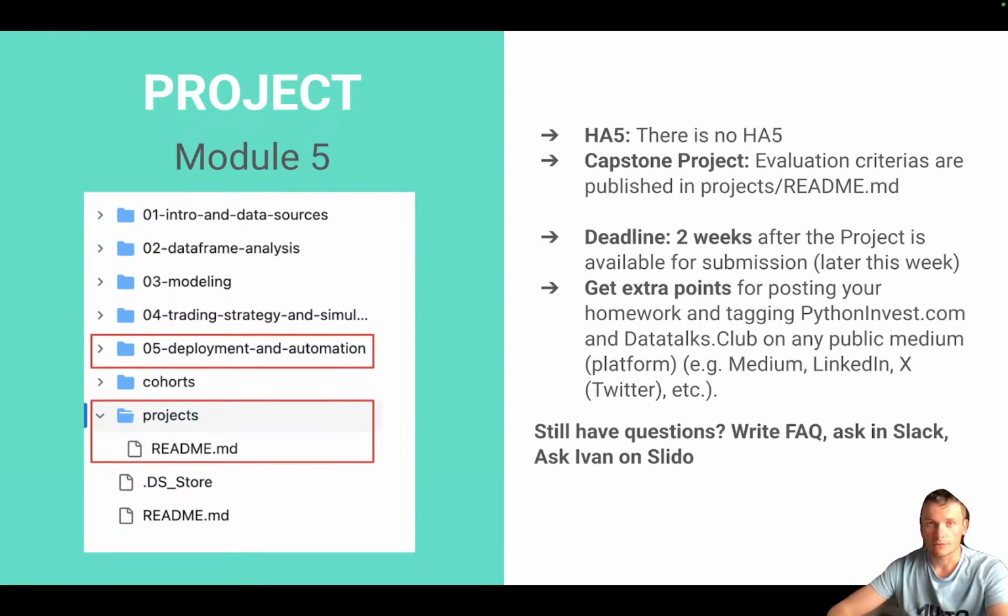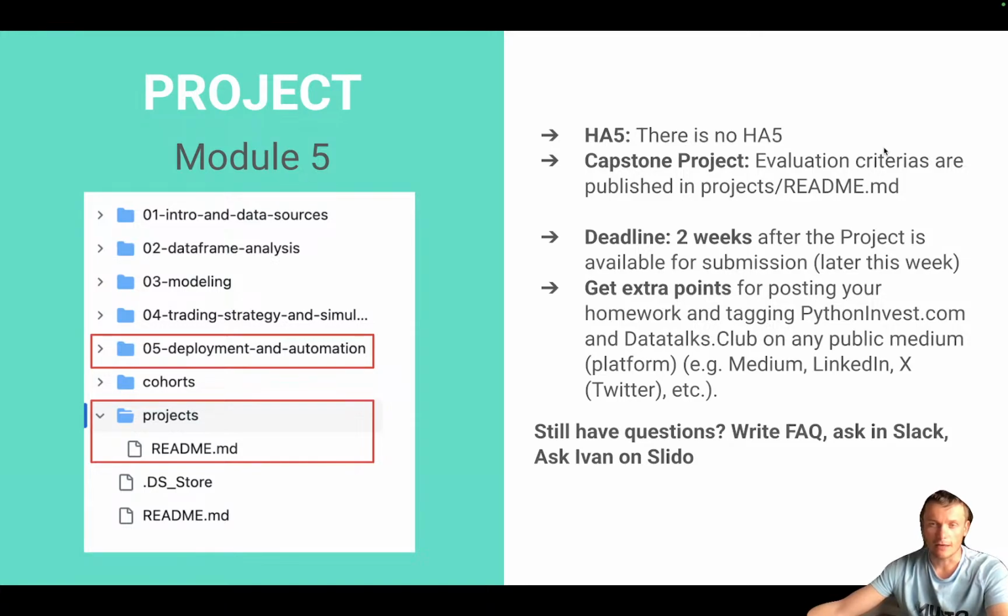Now let's talk about the project. You won't have home assignments for this week. There are too many people who are not submitting home assignments every week, so I've decided to skip homework for this week just to give you more time for the Capstone project development. The Capstone project criteria were already shared one week or several weeks ago.